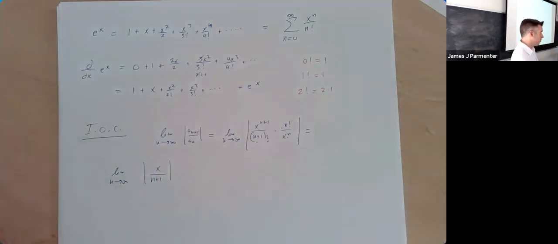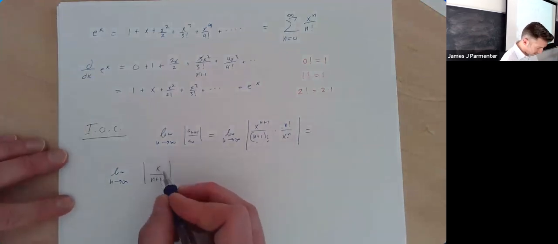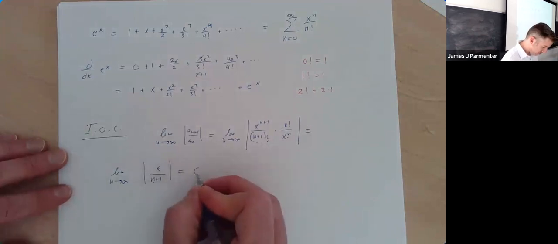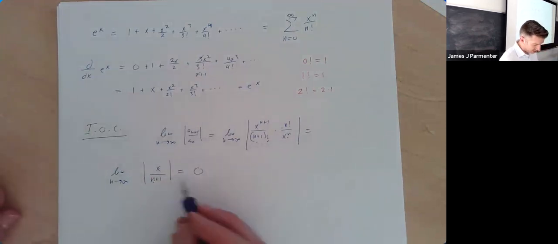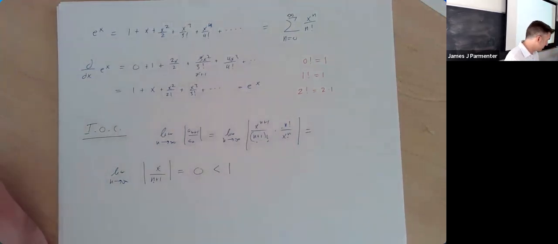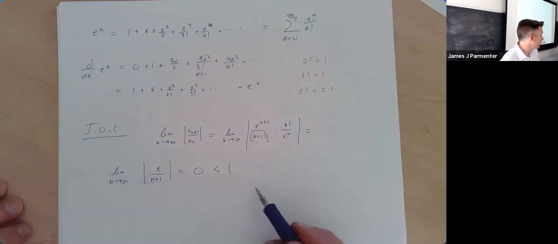X could be 5 or 1,000 or a billion, but x isn't infinity. X can be as large as you want it to be, but once you've picked the value for x, that's finite. And then the limit of a finite number over something that's getting infinitely large is, no matter what x was, always 0, and 0, by the way, is always less than 1. Fun fact. That means that no matter what x was, this is going to converge.